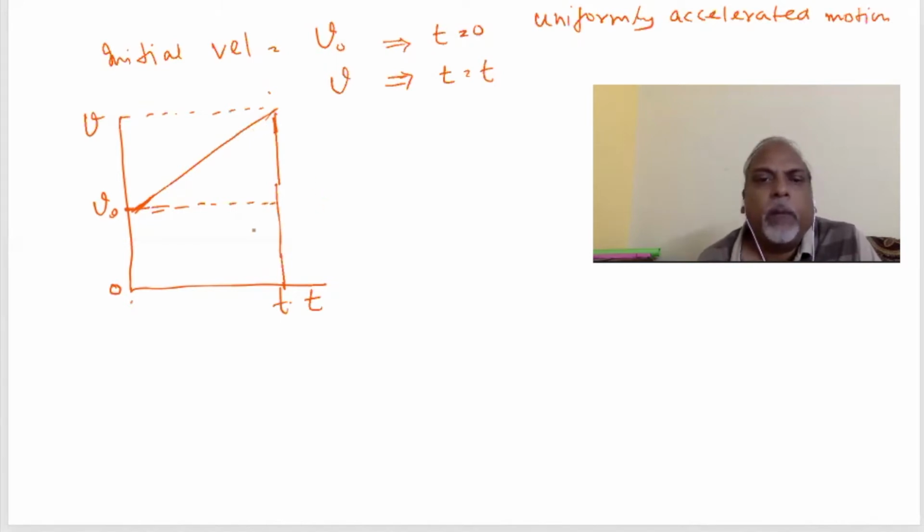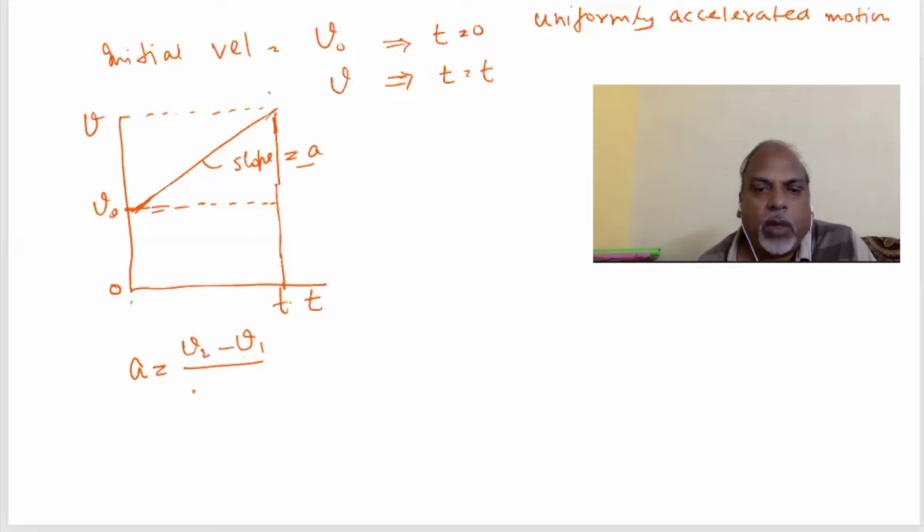So what is acceleration here? Acceleration will be nothing but the slope of this line. Slope will give you acceleration. And acceleration, we know, is v2 minus v1 upon t2 minus t1.